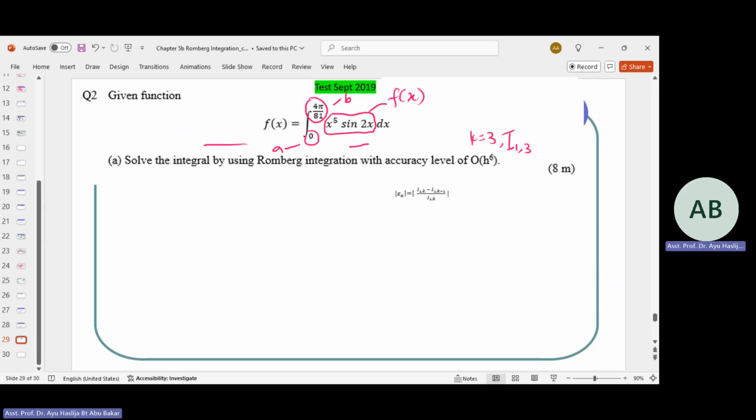The M value, just don't get it wrong. You can just remain as A, B, then find your first midpoint, A, B, when you have two segments. Okay, find this one first.